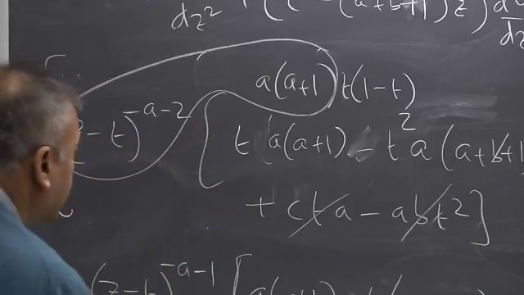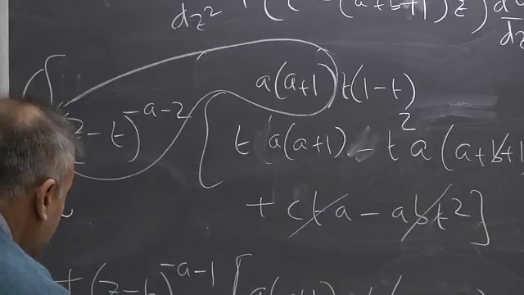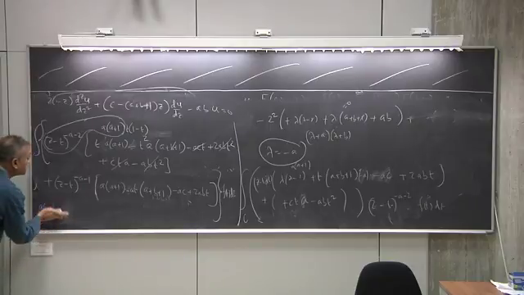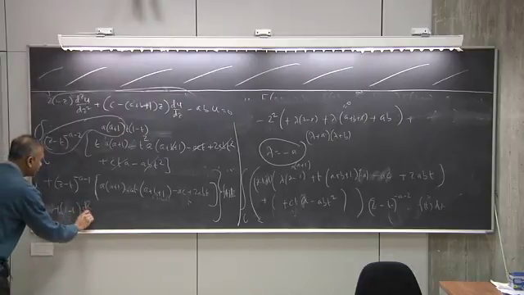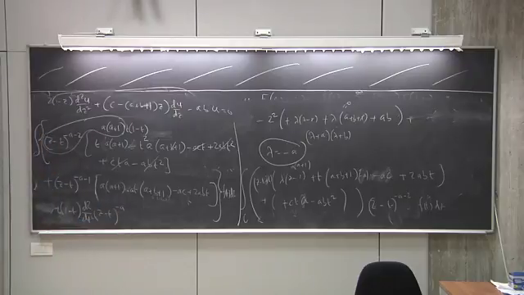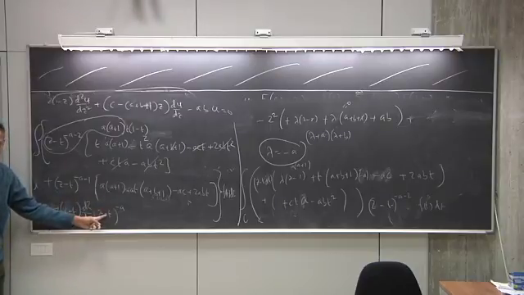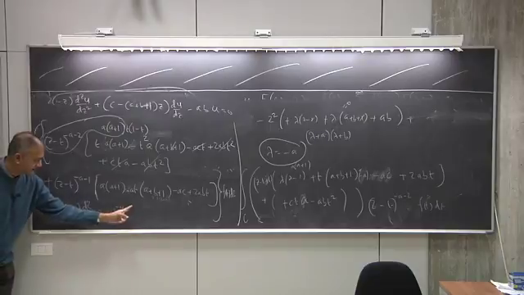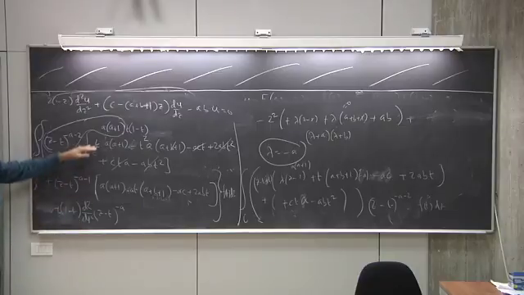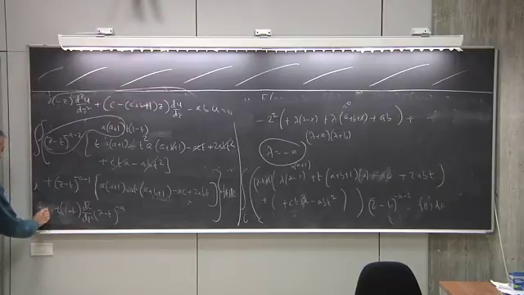So the first term, I write it as t times 1 minus t times d square by dt square of z minus t to the minus a, correct? Let's see. So the first derivative, I get minus a, but then there's another minus coming from d by dt acting here, so plus a, and this times minus a minus 1. So the second derivative will give you a plus 1. So a times a plus 1. So this first term I can write it like this. And the second term, so this f of t is still multiplying everywhere.